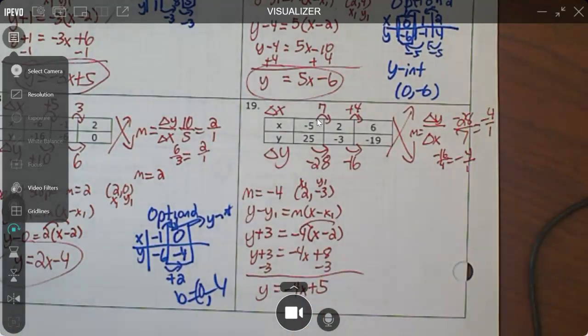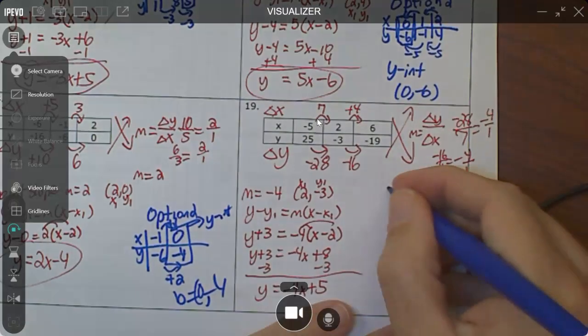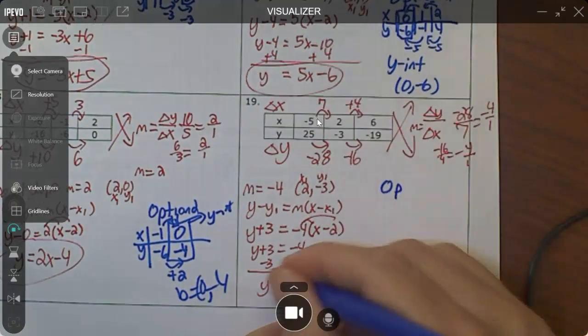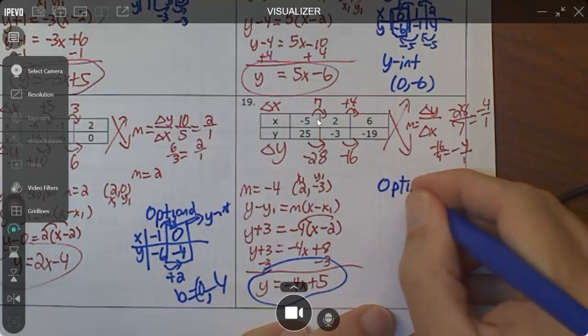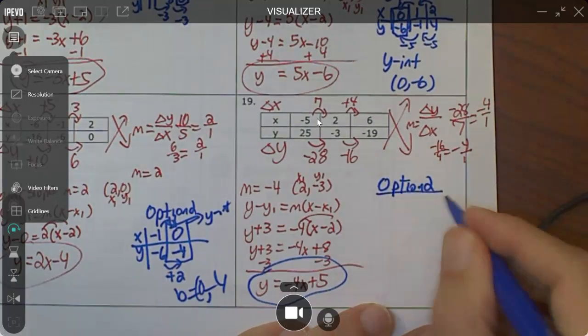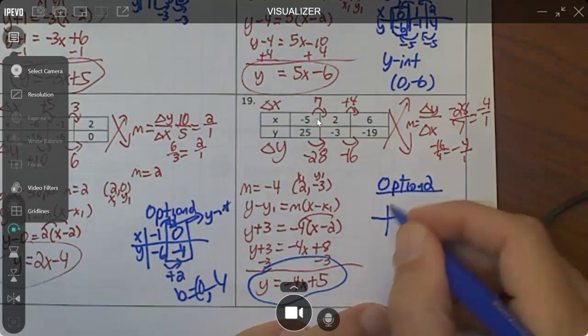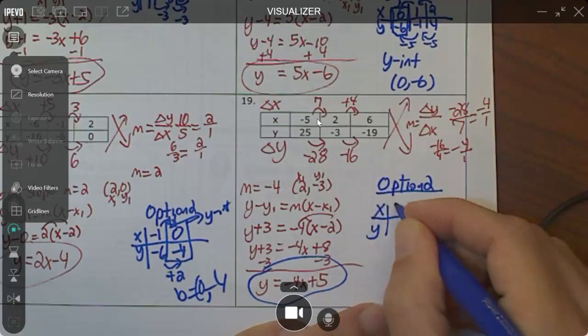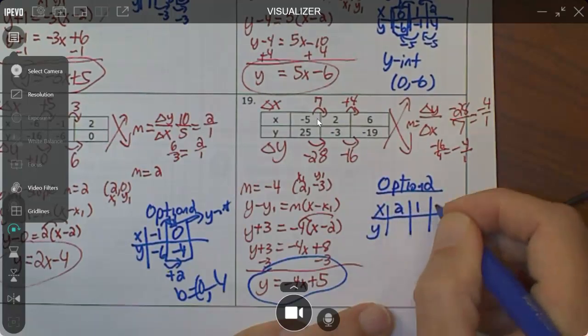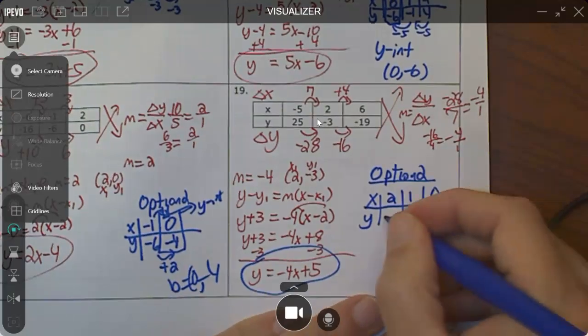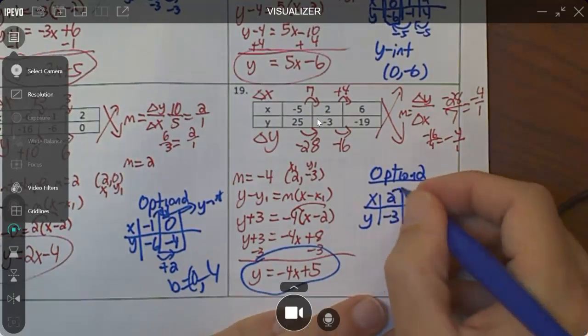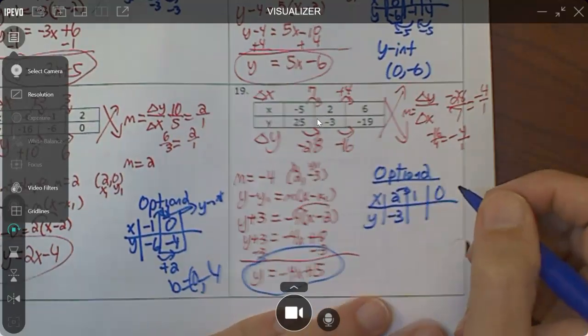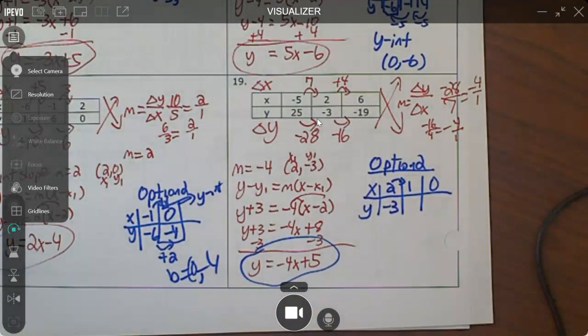Okay, option 2. Option 2. We got 2, 1, 0, 2, negative 3. Now, okay, oopsie.